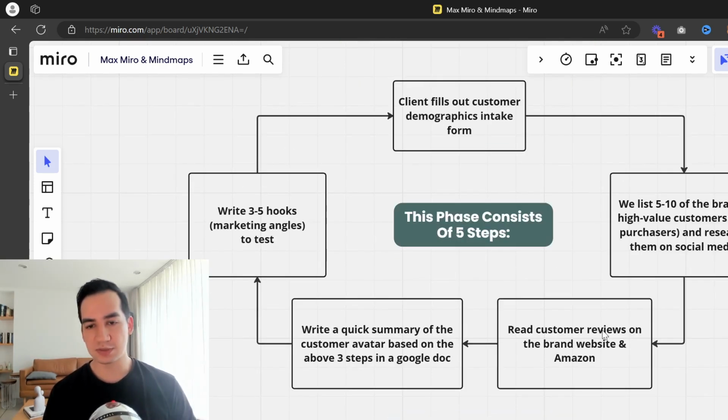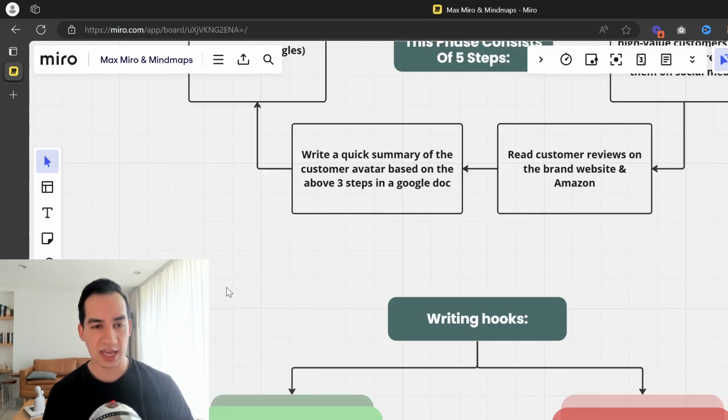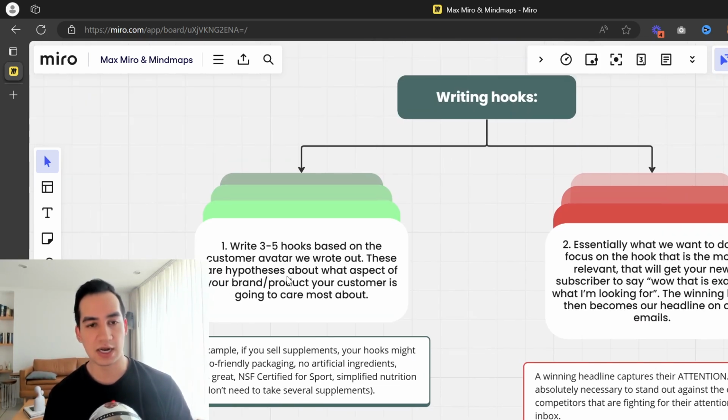From there, we read customer reviews on the brand website and on Amazon. And then we write a quick summary of the customer avatar based on the above 3 steps in a Google Doc. And then from there, we're able to write 3 to 5 hooks or marketing angles to test out. Generally speaking, 1 or 2 of these is going to be the winning angle that we can then base all of our content on.